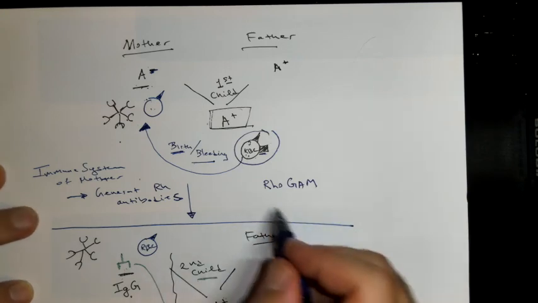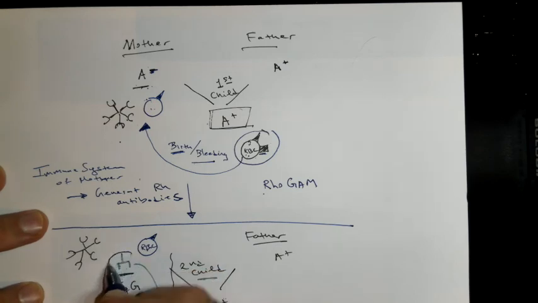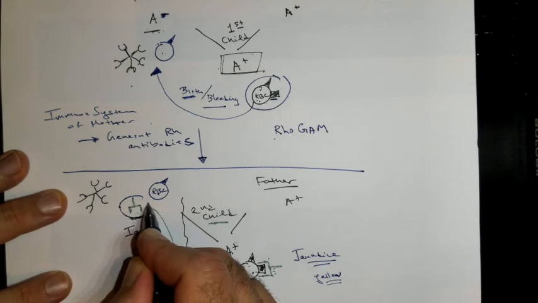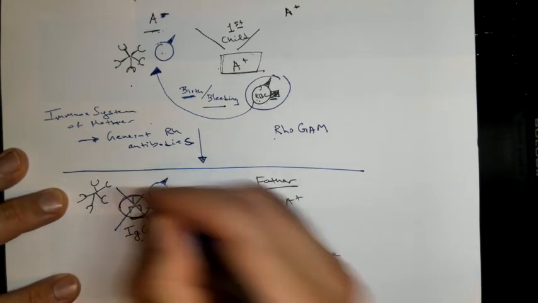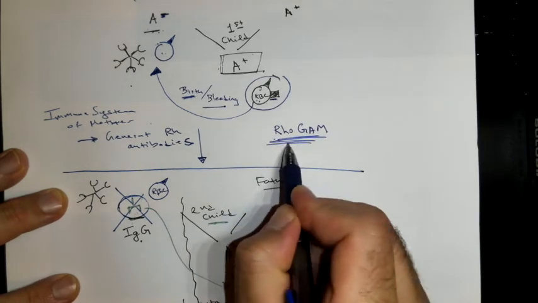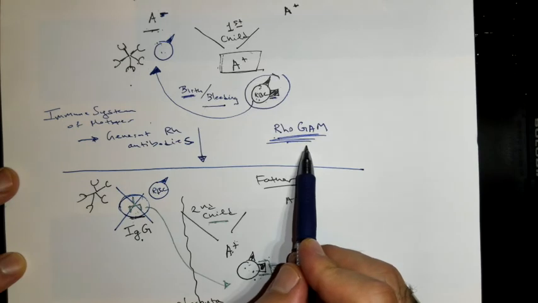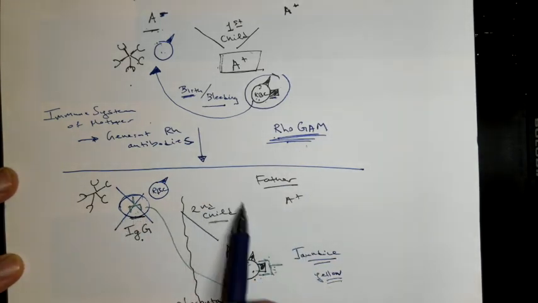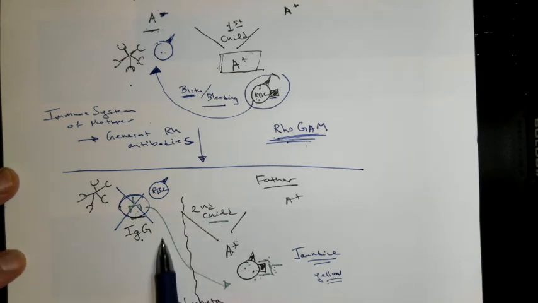It interferes with the production of this antibody. So this antibody will not be manufactured if we give RhoGAM to a type negative blood mother. And so therefore we then are not going to have to put the second child at risk of this type of hemolytic disease of newborn.